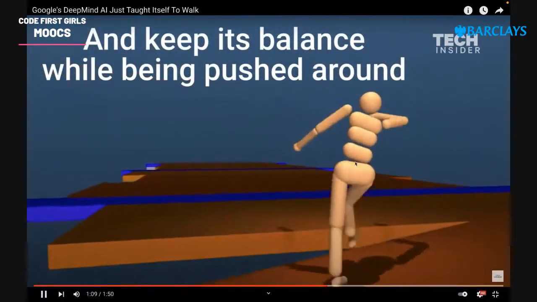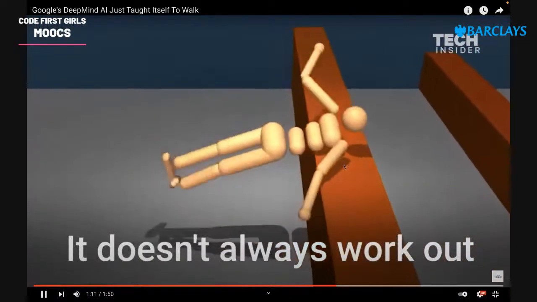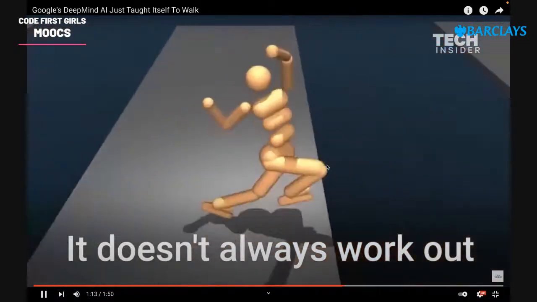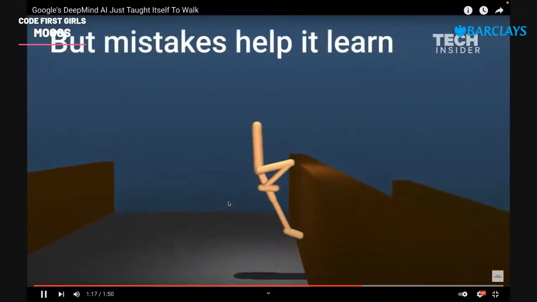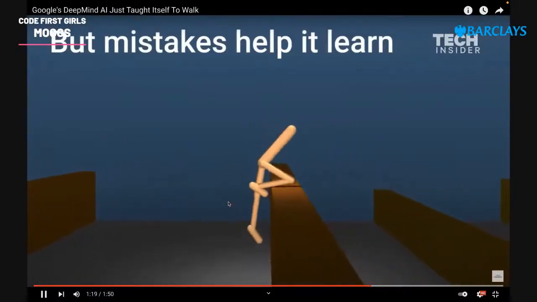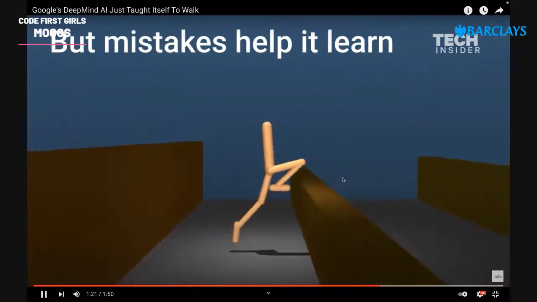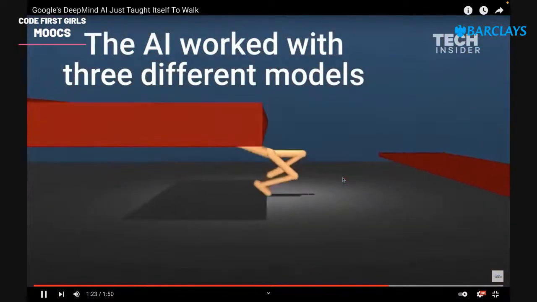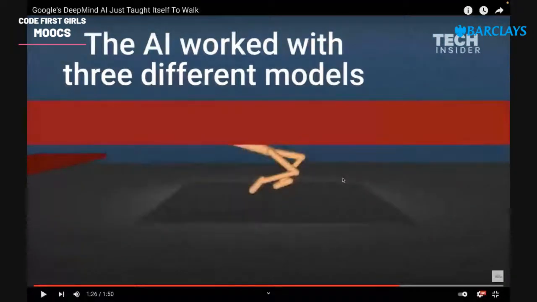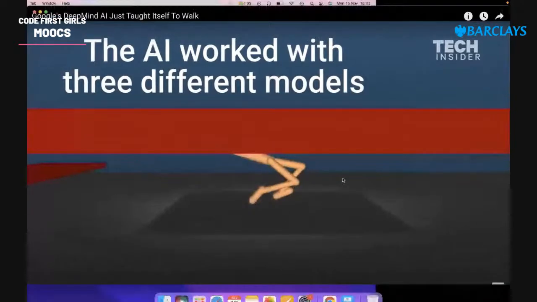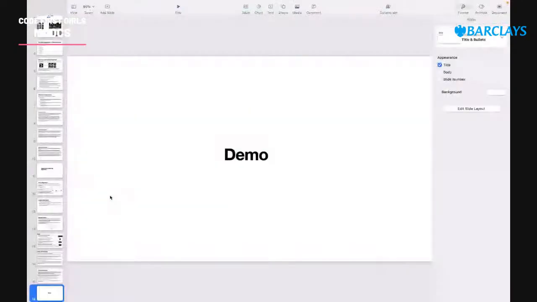If the balance is wrong, or if it fails, we do not reward, we punish. So see, it jumps and it fails. So it gets punishment, and that's how it learns. Cool, so that was the demo.